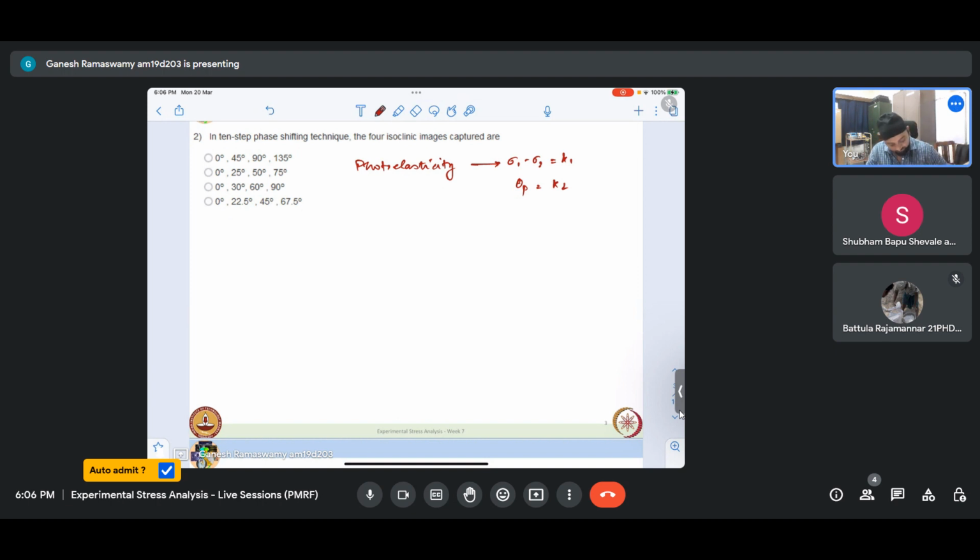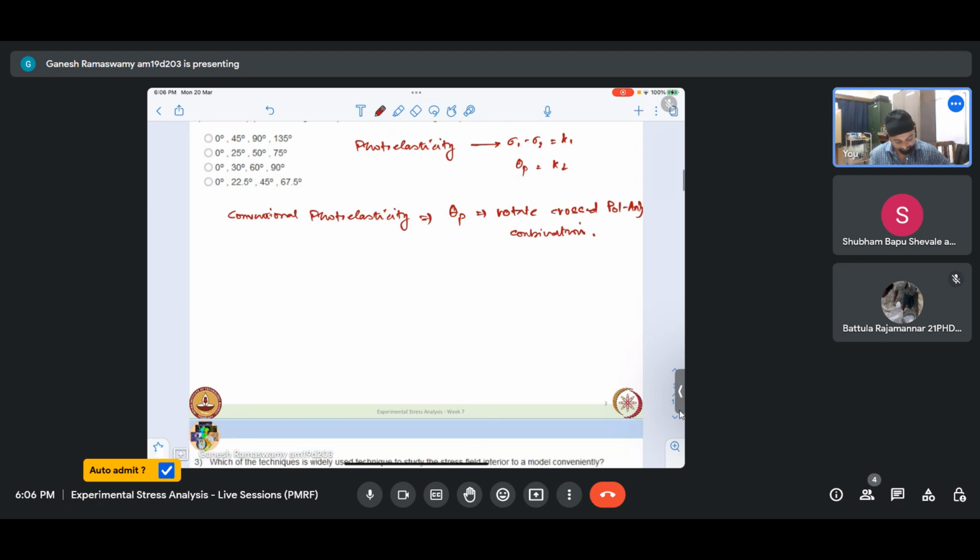For conventional photoelasticity, for isoclinics, we basically rotate the crossed polarizer analyzer combination. We rotate it till it passes through our point of interest. So ideally it becomes a point by point technique.